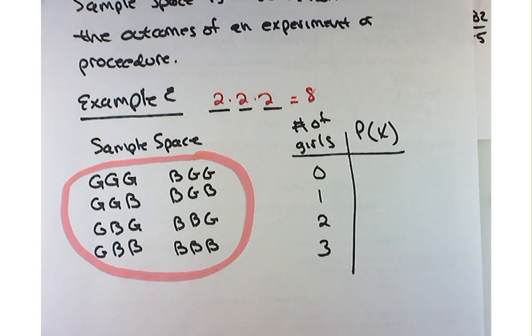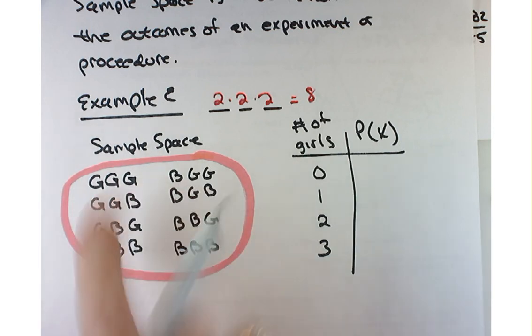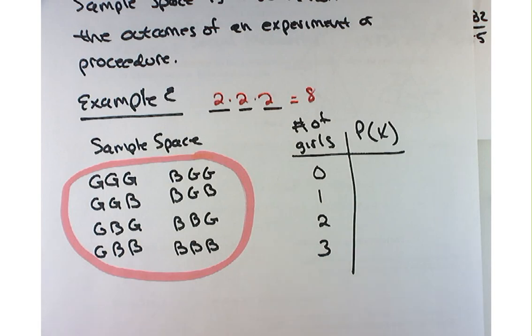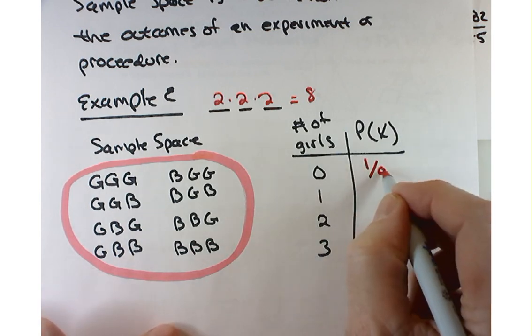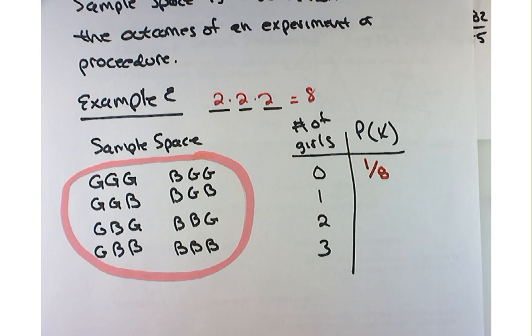Let's start out with the probability of no girls. How many of these points in the sample space represent the possibility of no girls? 1. And there were 8 possibilities, so the probability is 1 out of 8.